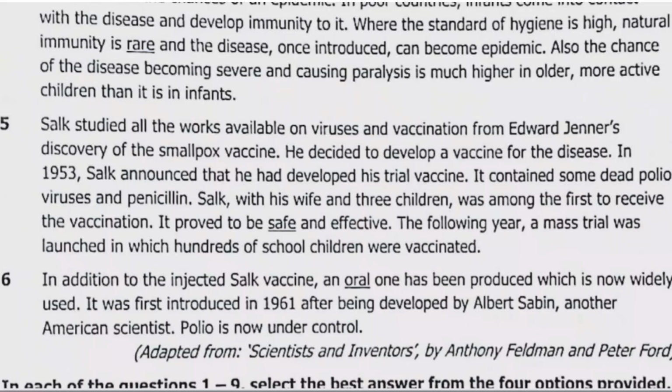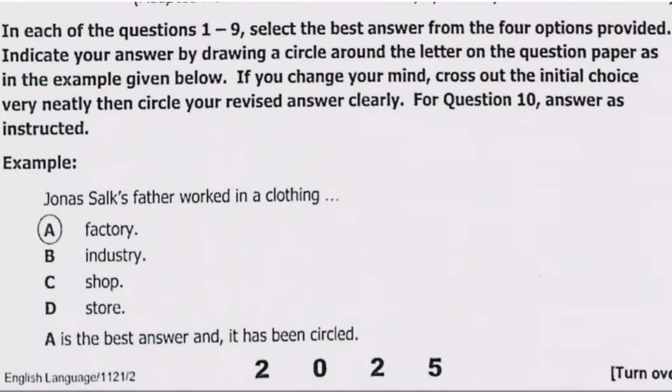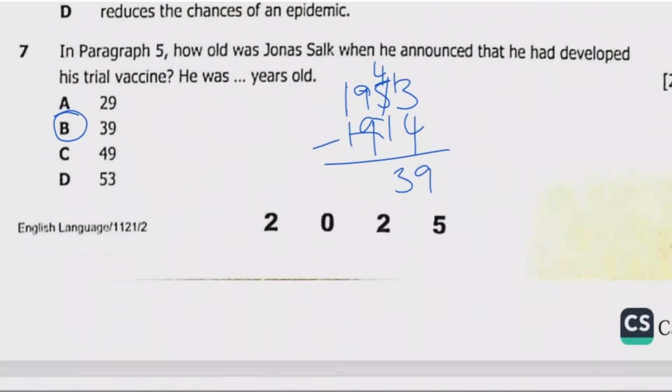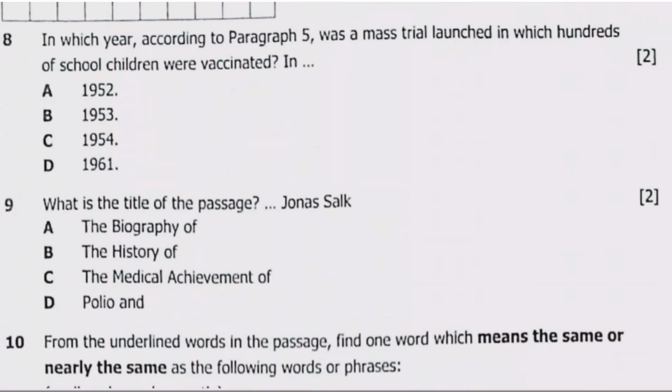The following year, the year that follows 1953, that is 1954, a mass trial was launched in which hundreds of school children were vaccinated. So there is 1954. Salk's family were vaccinated in 1953. In 1954, the following year, there was a mass trial.